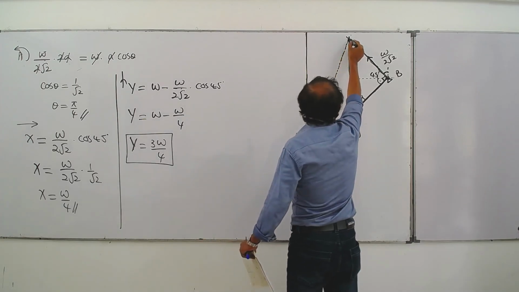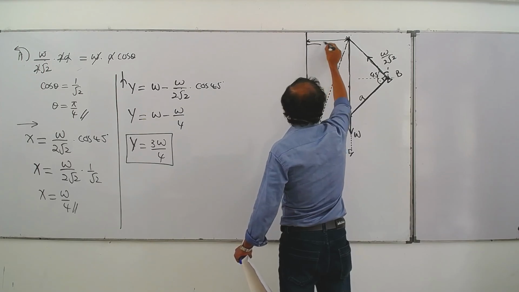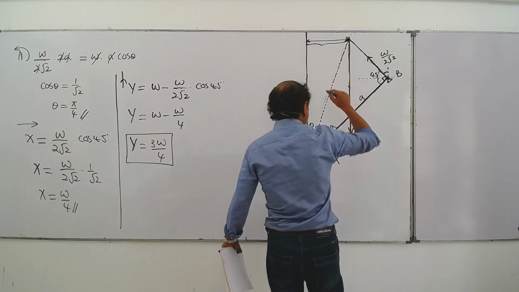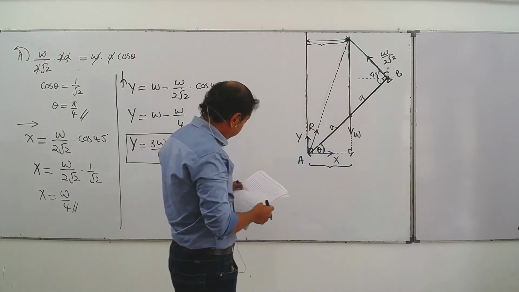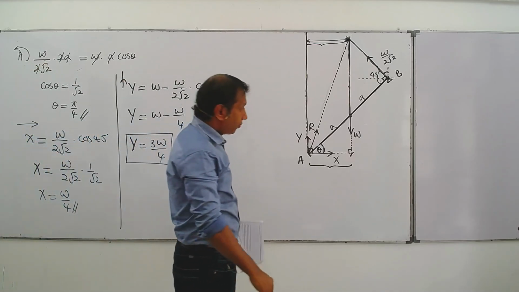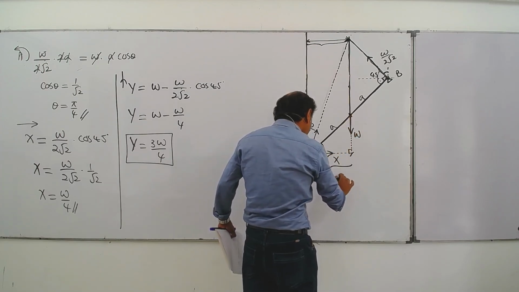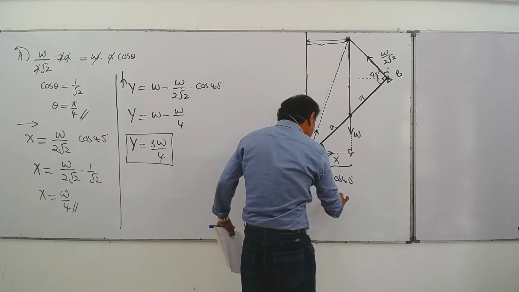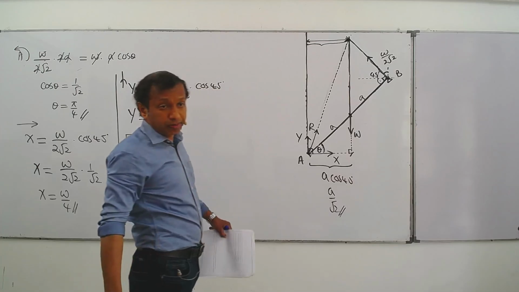The distance this is asking is the same as this distance. The distance is obvious. Here to here it's A, this is 45, therefore this is A cos 45. That means A over root 2. That way you can complete that question too.